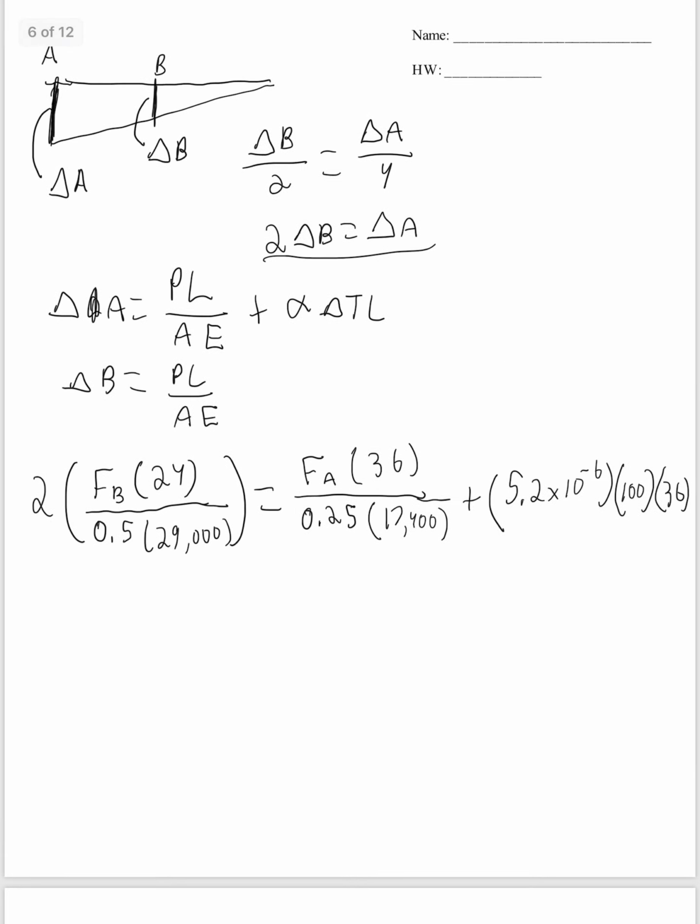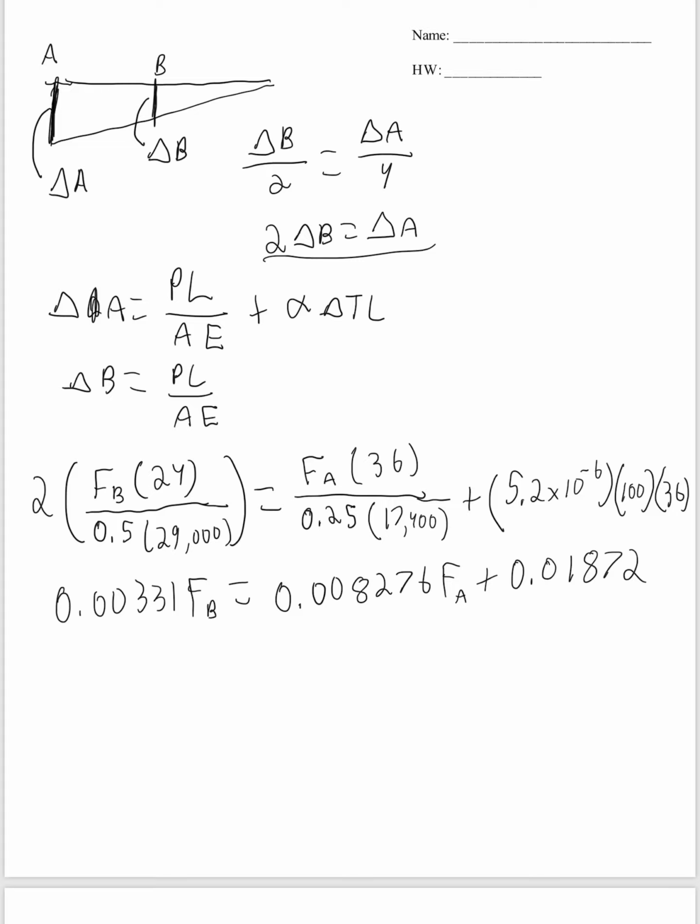So now we finally have two equations with two unknowns. If we simplify this down, we get 0.00331 times force B equals 0.008276 times force A plus 0.01872.